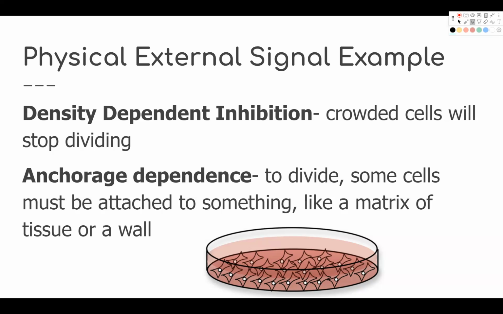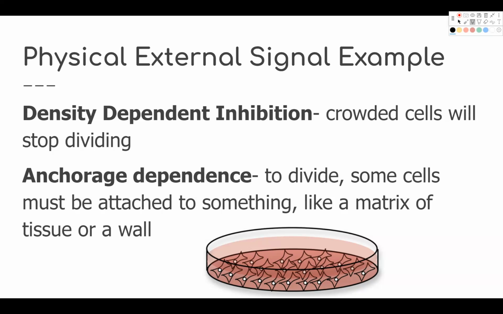There are also some anchorage dependent signals, and I'm not talking about Anchorage, Alaska. I'm talking about being anchored to a wall, to a matrix, to something. A lot of cells won't grow unless they feel stable. Same. Right? If we aren't attached to something, if we don't have that stability, it makes it really hard to feel safe enough to grow. If a cell can't ensure its progeny's future because it doesn't have something to be attached to, it won't divide.